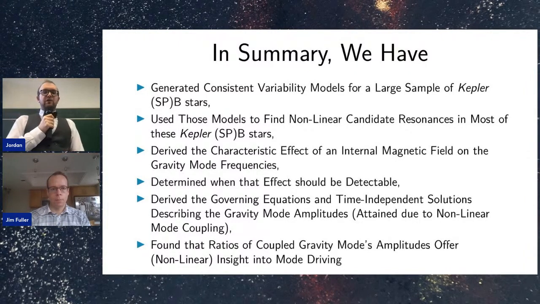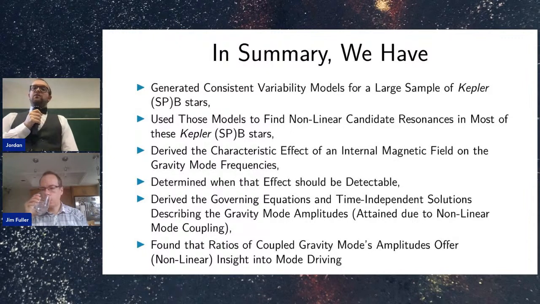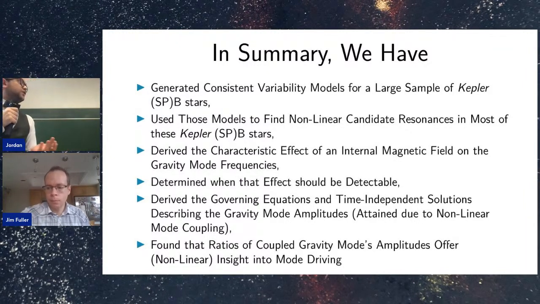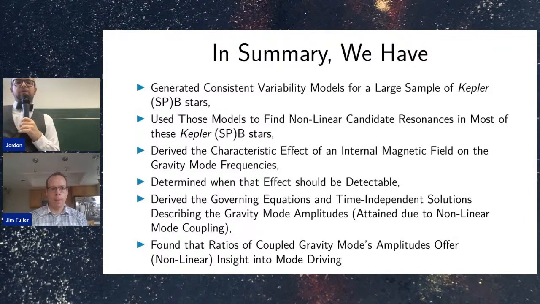We then derive the characteristic effect of an internal magnetic field on the gravity mode frequencies and determined when that effect should be detectable. We derive the governing equations and the time-independent solutions, which are important to then describe our observations, and found that the ratios of coupled gravity modes can offer some nonlinear insight into mode driving.